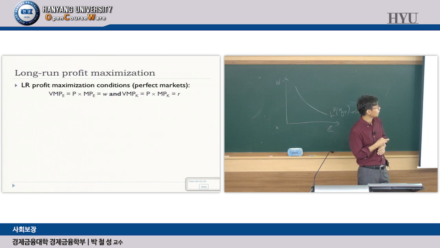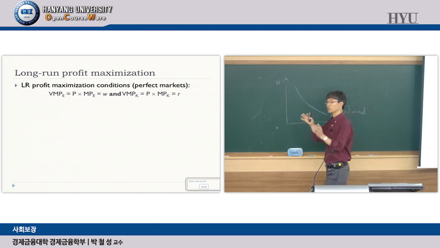So you can extend VMPL equals W to the capital, and then you can get the second condition that should be satisfied, VMPK equals R. What is important here is that these two conditions should be satisfied at the same time. Not only this one, but also that one as well.